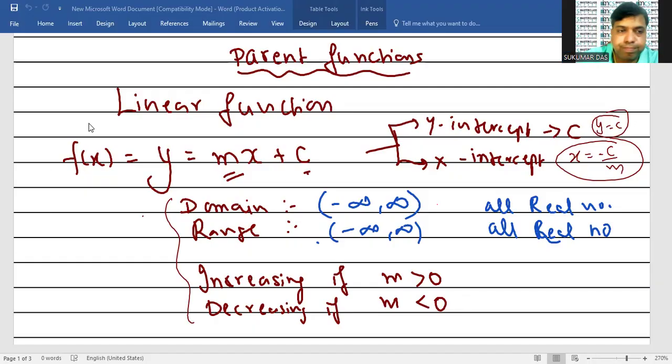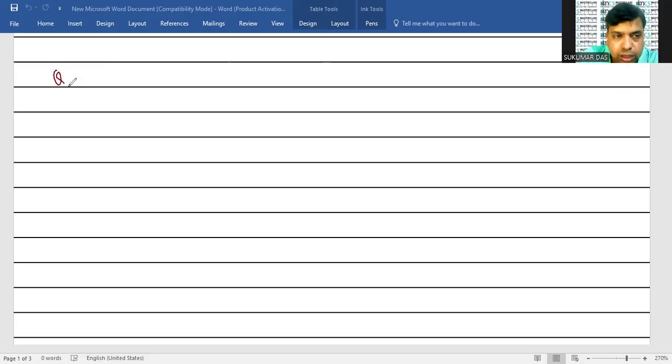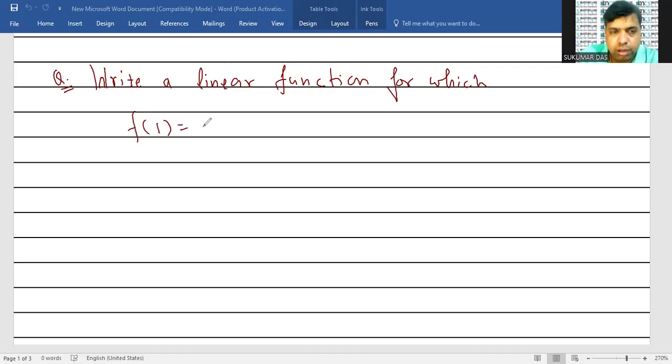Now do this question. Write a linear function for which f(1) is equal to 3 and f(4) equals 0.